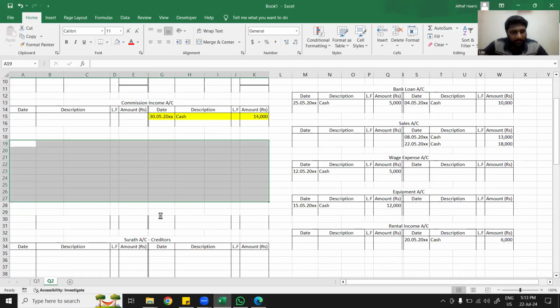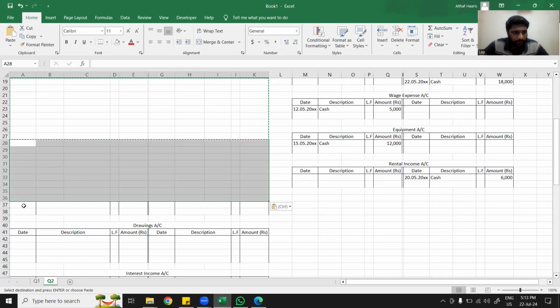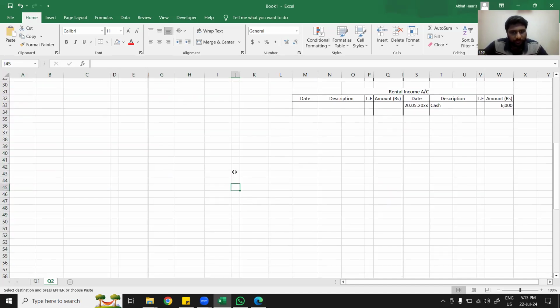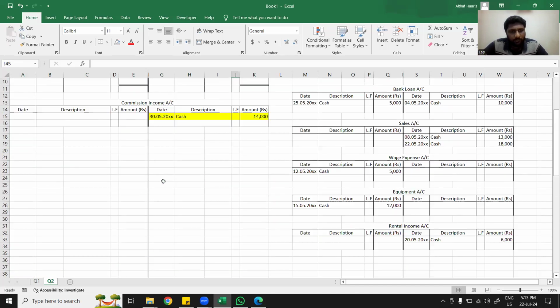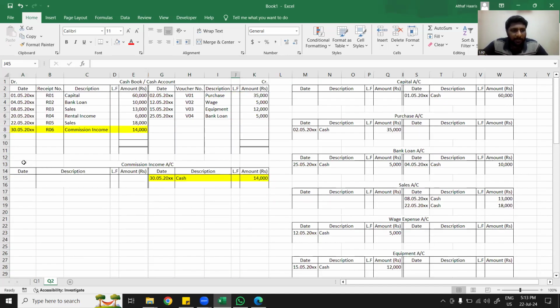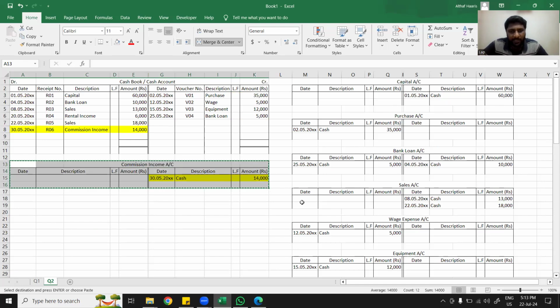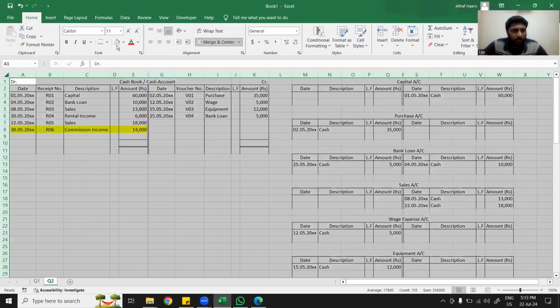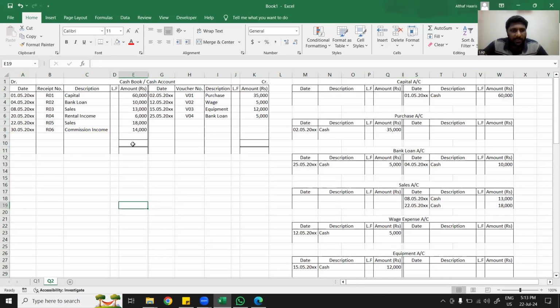Is the debit side bigger or the credit side bigger? Debit side, 121,000.